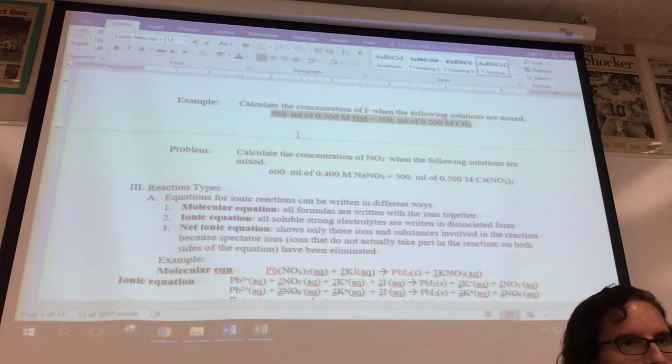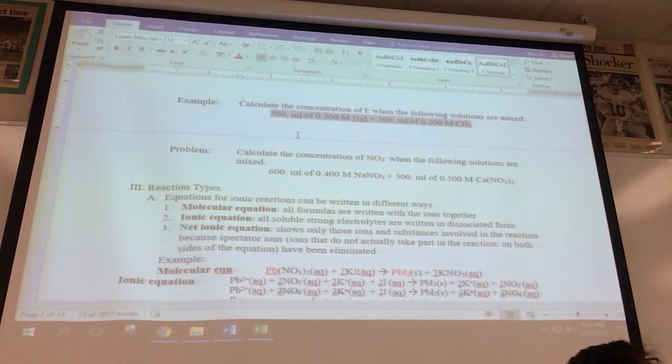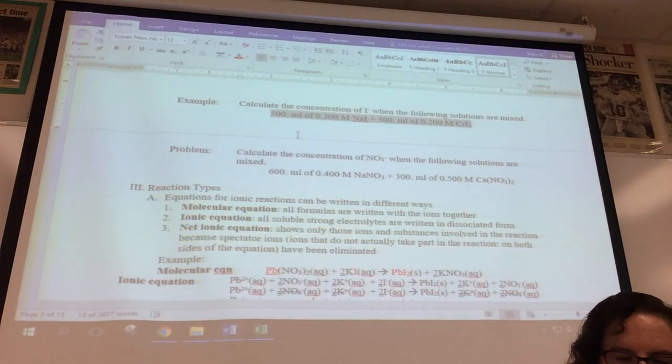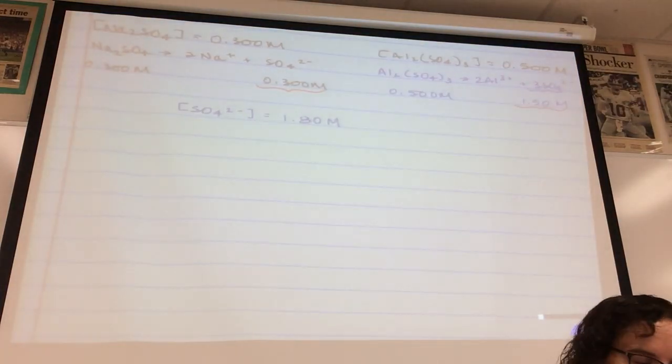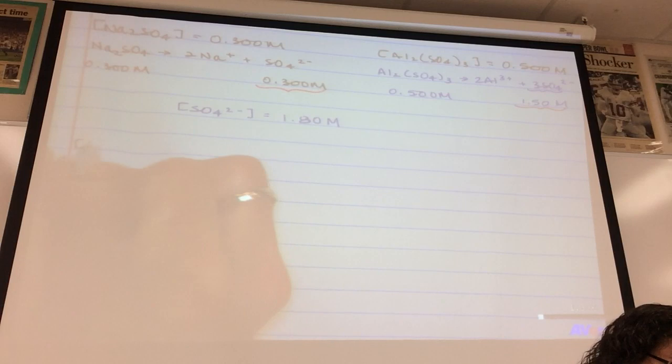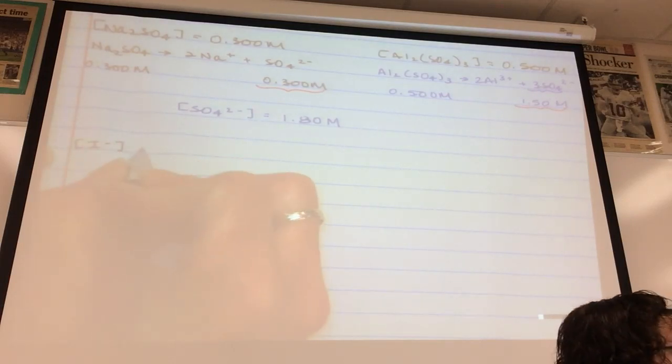So this one's a little trickier. I'll walk through this one and I'll let you try the next one. So on this one, it says we want to calculate the concentration of iodide ion.